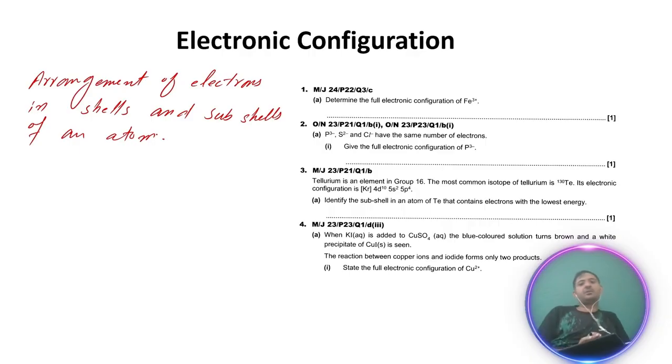There are certain rules for arranging these electrons. Number one: fill electrons from the lowest energy shell.